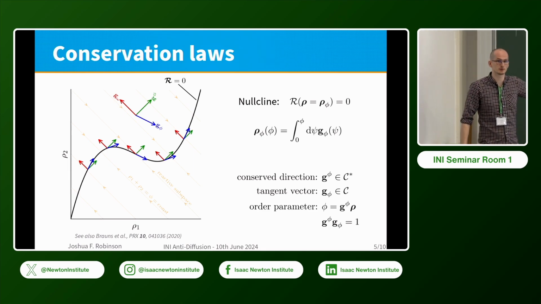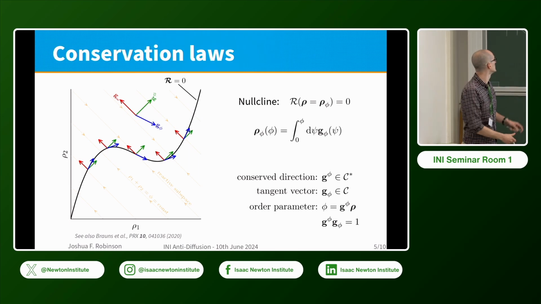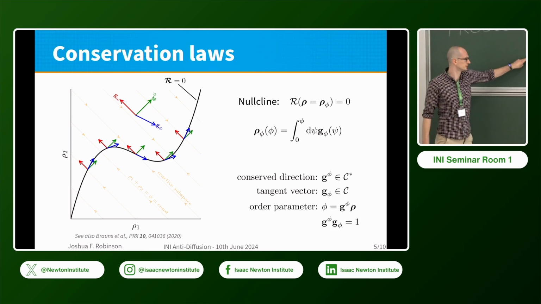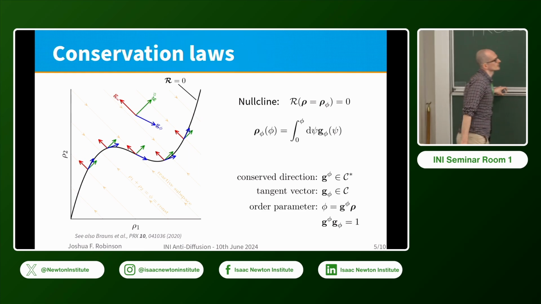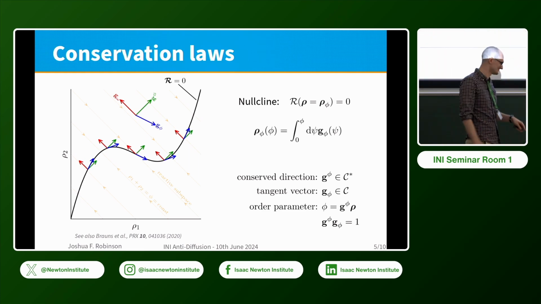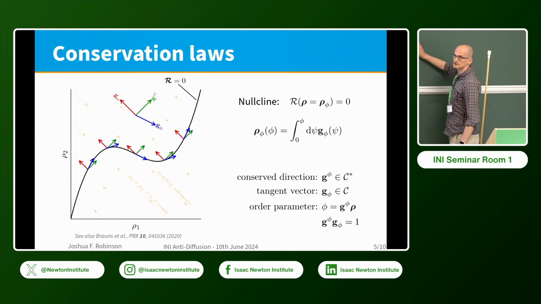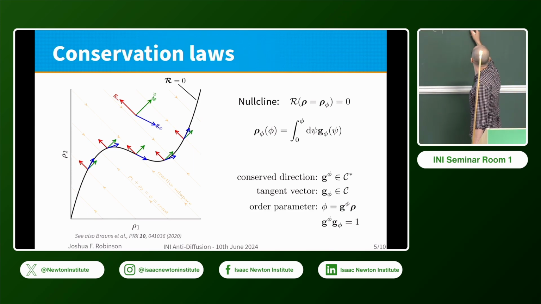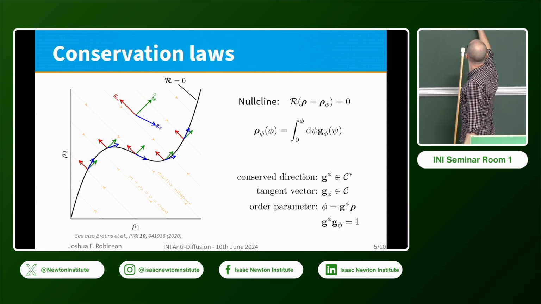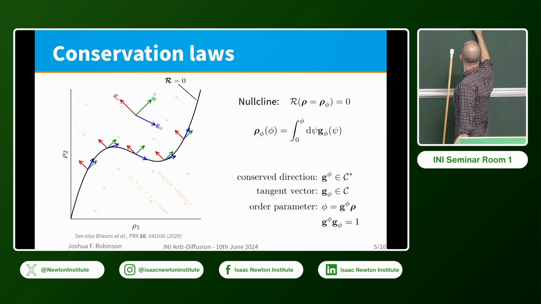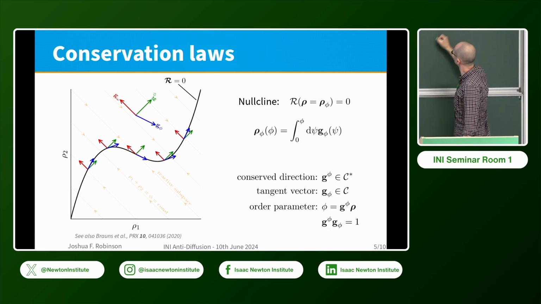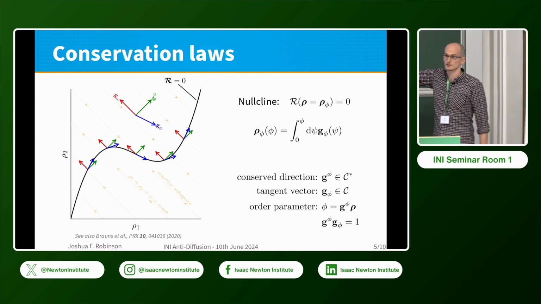I'm going to project the full evolution equation onto a component in phi and an excess quantity. I'll go to the other board. So projecting onto phi, the flux vanishes.